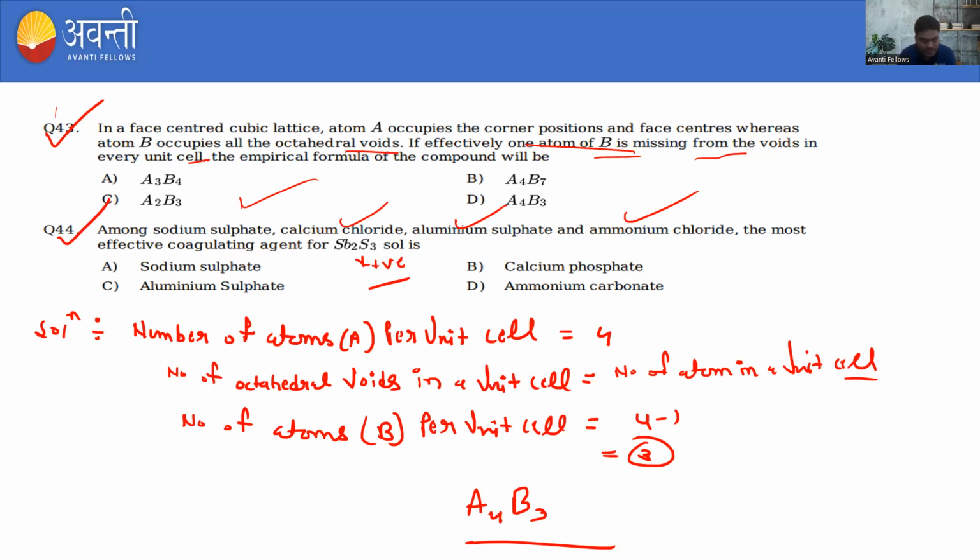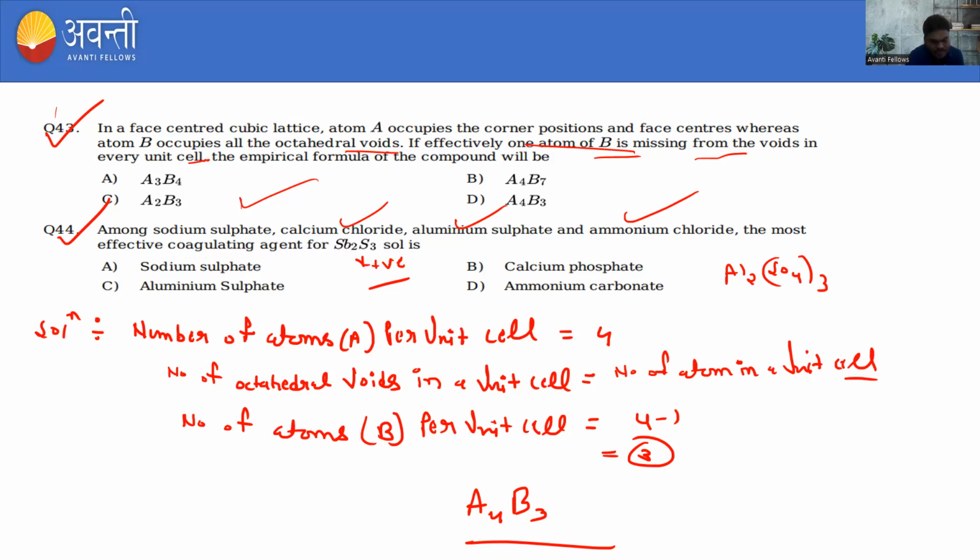Out of these, aluminum sulfate is showing -2 charge, right? So due to the presence of this, let me write the formula: aluminum sulfate, Al2(SO4)3. So basically this electrolyte would be the most effective coagulating agent.